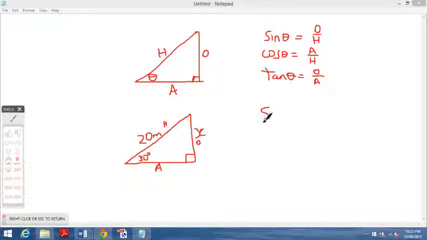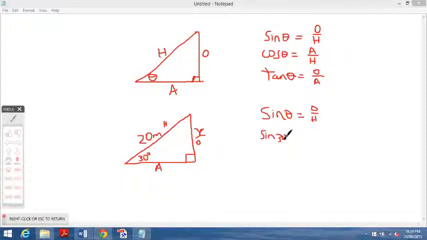So let's choose sine theta equals O over H. And now let's substitute the actual values that we have, the numbers, into that formula, which is just a general formula. We will actually have some specific numbers. So instead of sine of theta, we can write sine of the angle, which is 30 degrees.